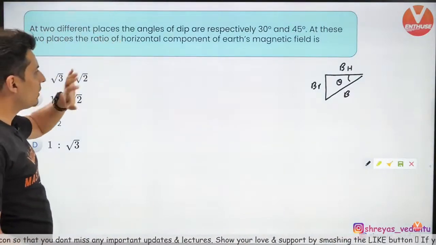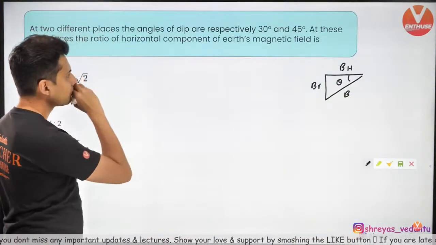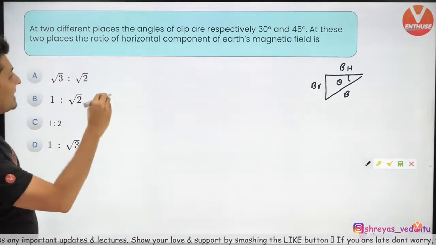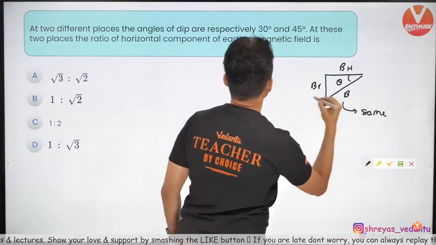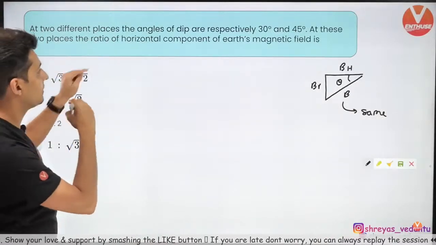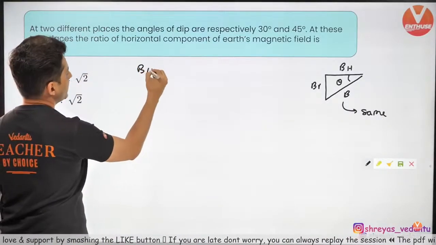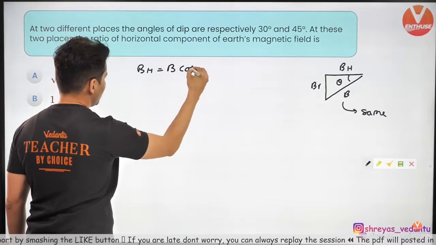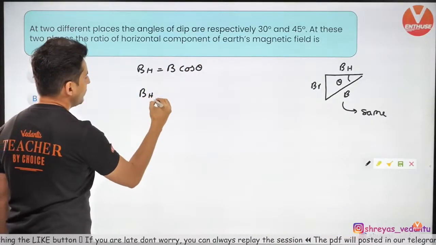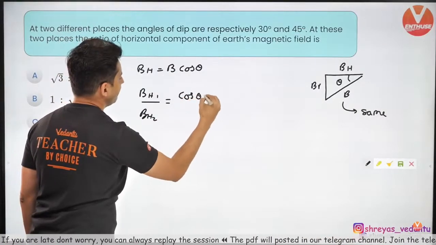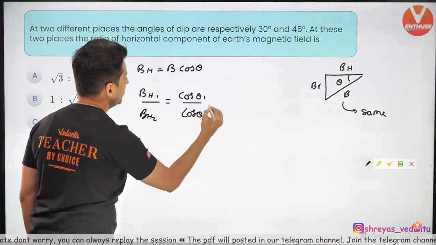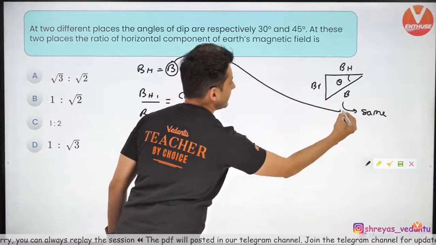Okay, so what do you need to do? See, B is the same. At both the places, Earth's magnetic field is the same. The question is the ratio of the horizontal components. BH is B cos theta. So BH1 by BH2 will be cos theta 1 by cos theta 2, because B, like I said, is the same.